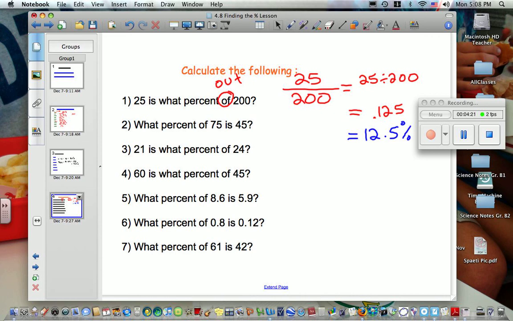The same thing works for all of these. Let's go down to number 5 here. What percent of 8.6, so we know that 8.6 is going to be on the bottom, because it's out of 8.6, is 5.9. So, we take 5.9, we divide it by 8.6, and we get a decimal with our calculator.